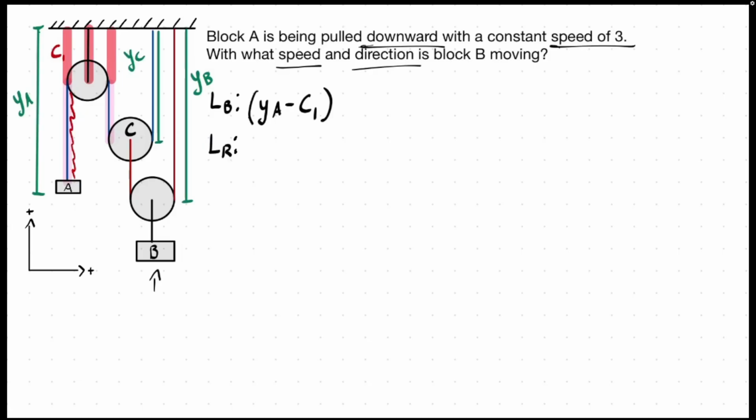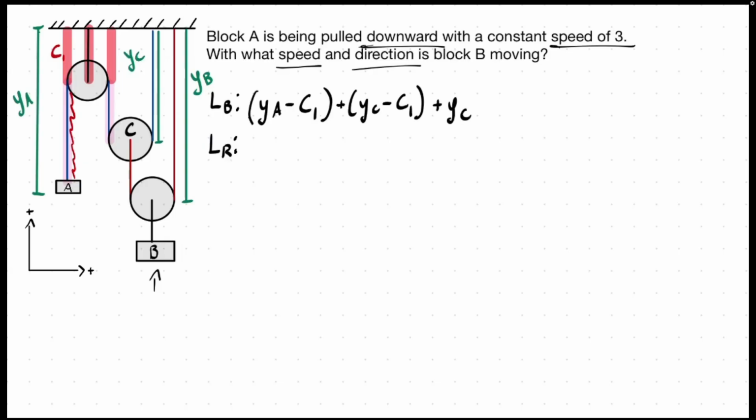And if you notice, it's the same thing, but now we're using YC. So plus YC minus C1, because if we get this whole YC distance and subtract this C1 value, we'll get the distance of this measurement of rope. And then lastly, I hope you notice this, this right side is just going to be equal to the length YC. So plus YC.